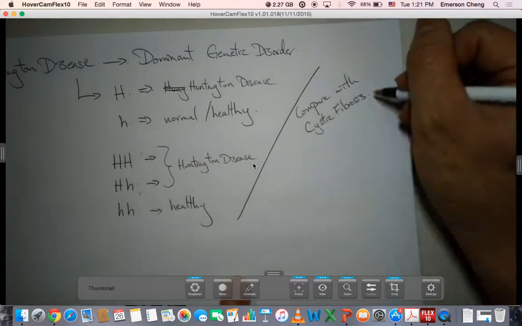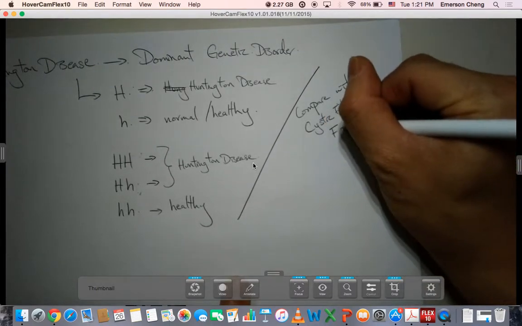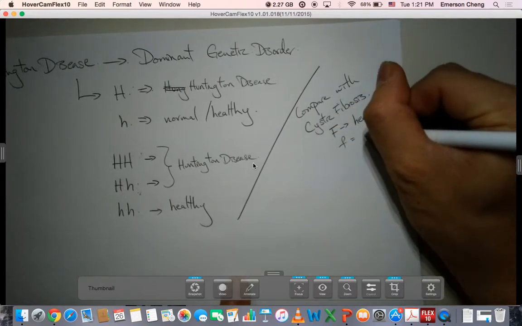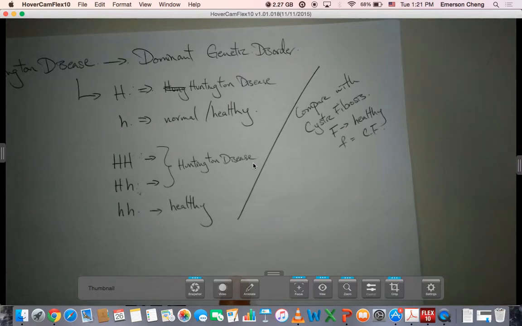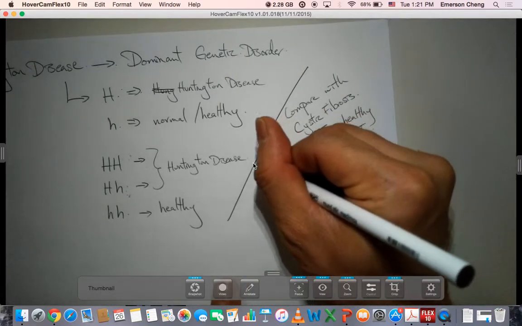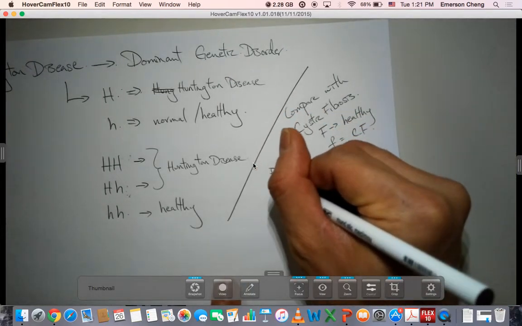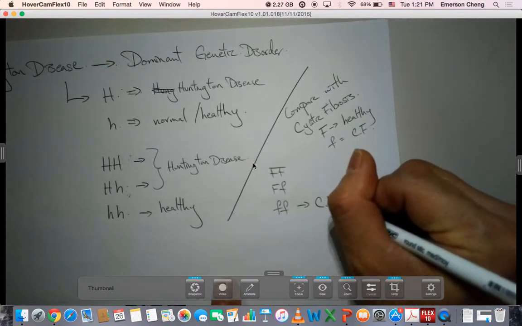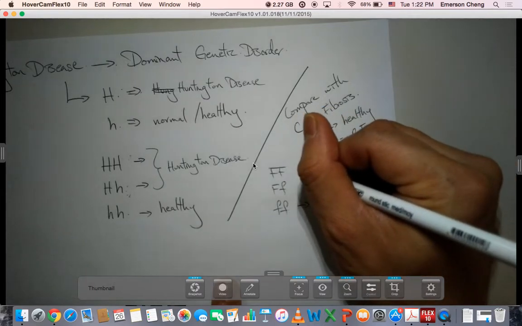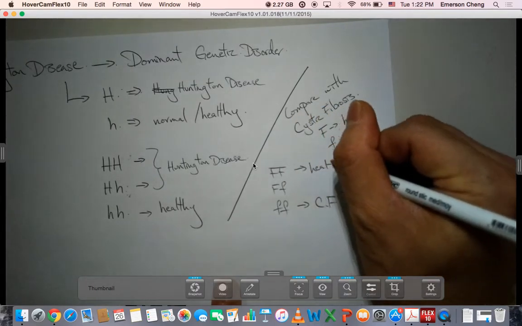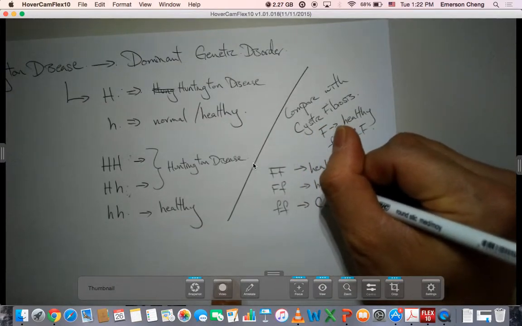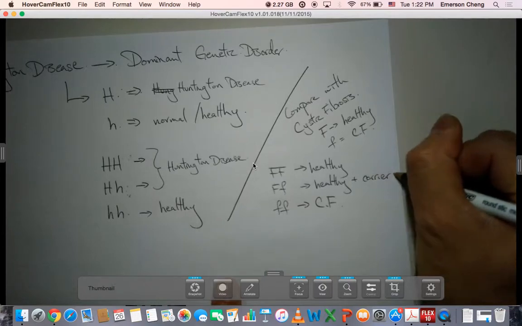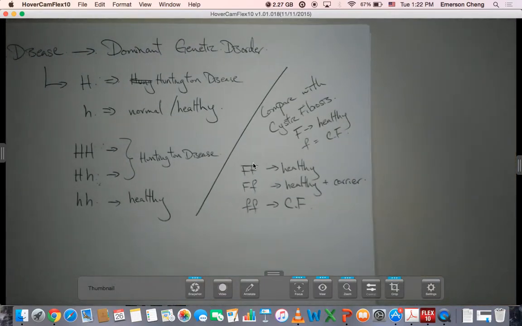So in this case, cystic fibrosis, big F, you're healthy, where small f, you have cystic fibrosis. So in this case, big F, small f, it's only two small f's that you have cystic fibrosis, and with big F, small f you are healthy, but you are also a carrier of the gene. Okay?